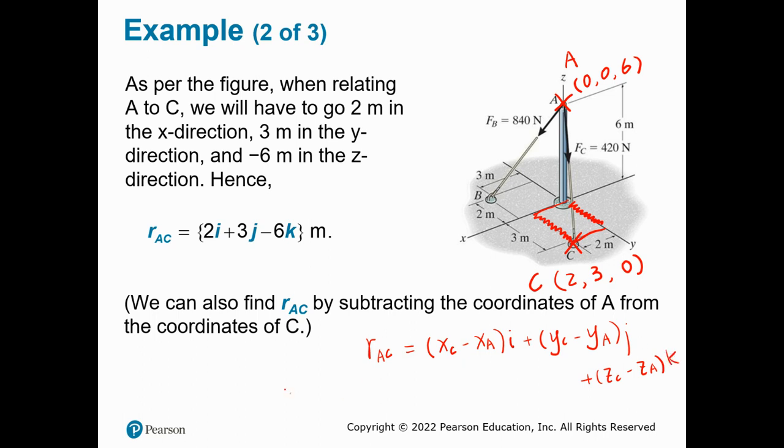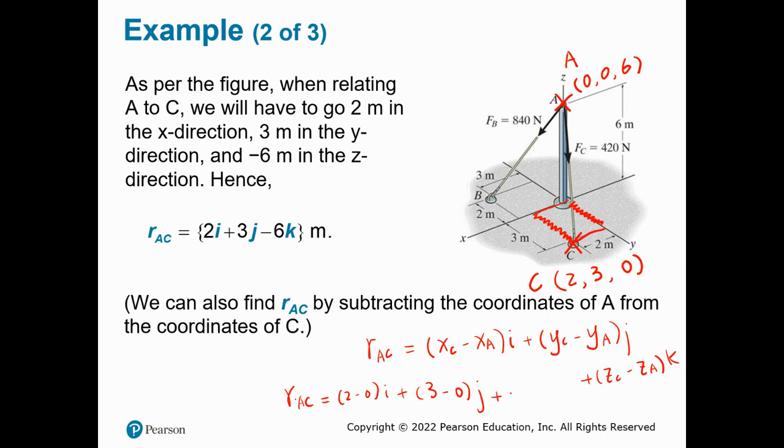Now you plug in the values. R_AC will equal the C, look, 2 (ending point) minus 0 (starting point) gives me the i. Then YC minus YA, that would be 3 minus 0 for your j.